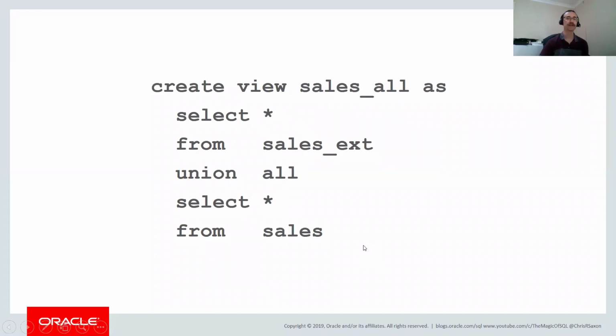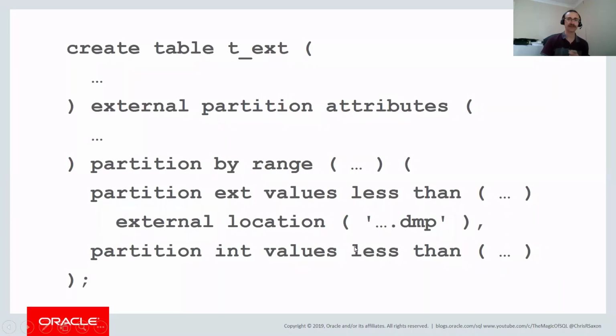19C offers another approach for this, hybrid partitioned tables. So these are partitioned tables where some of the partitions can be external, so point to files on the file server, and some of them can be regular table partitions. And we do that with this external partition attributes clause.